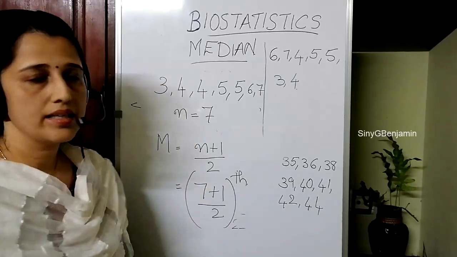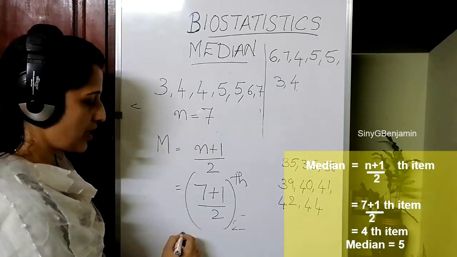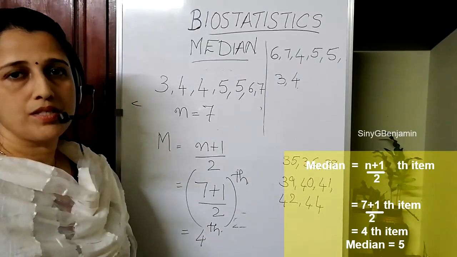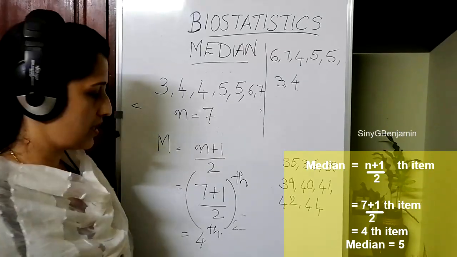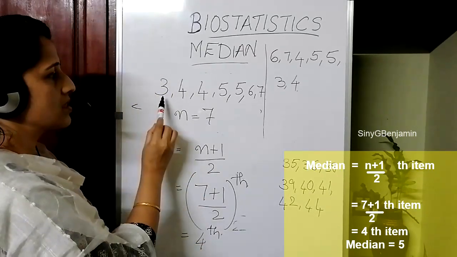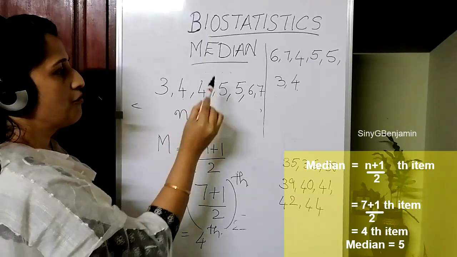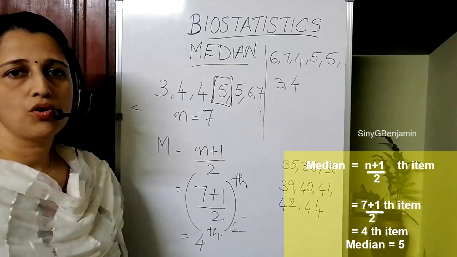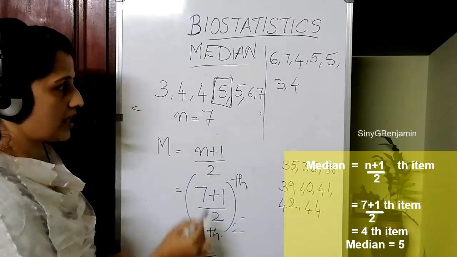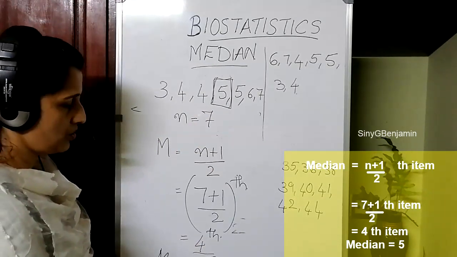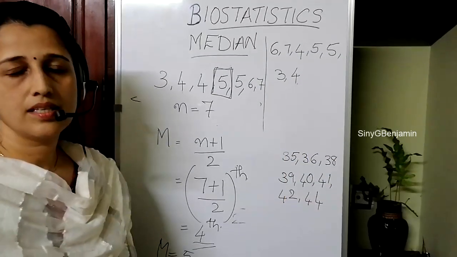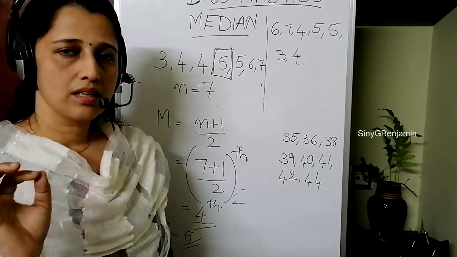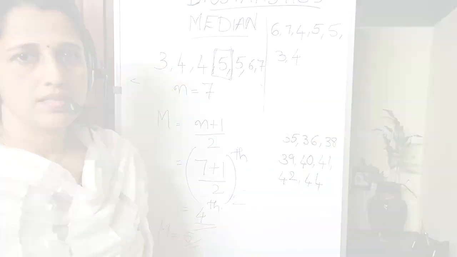So 7 plus 1 is 8, 8 divided by 2 is equal to 4, or fourth observation in the data is the median. So the fourth observation here is 1, 2, 3 and 4. So the answer is 5. Fourth observation is the median. So here the median is equal to 5. This is how to calculate the median of data which is having odd number of observations.